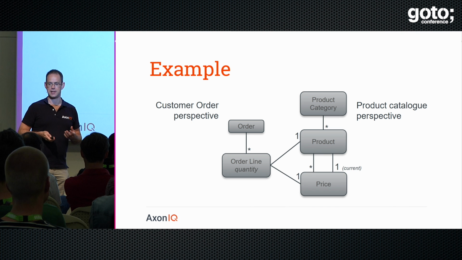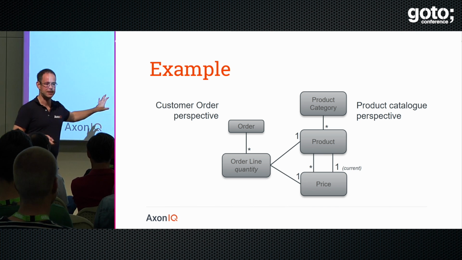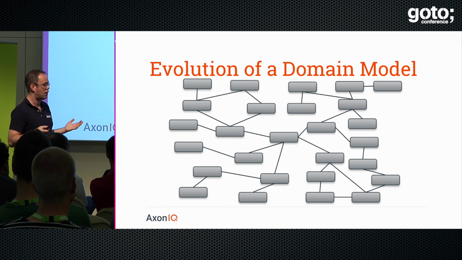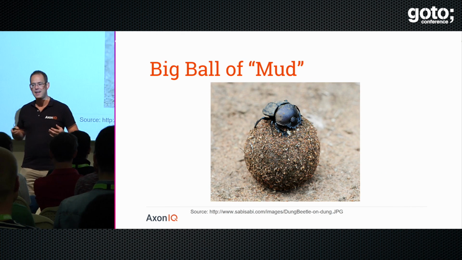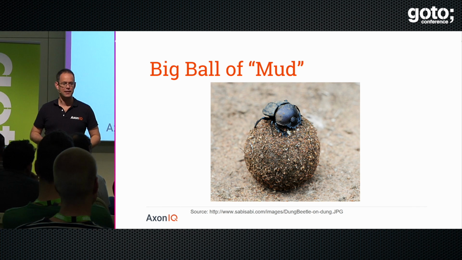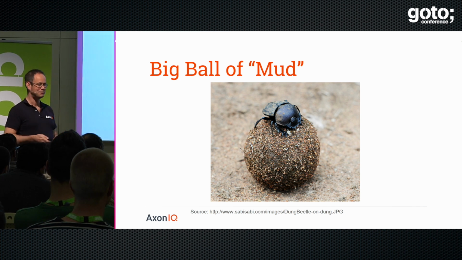It's a very simple use case. So if this simple use case already brings you logically into this kind of mess, what happens if your program really starts to evolve is that you end up with something like this, also known as the big ball of mud. And my colleague Allard always says that's the architect sitting on top.